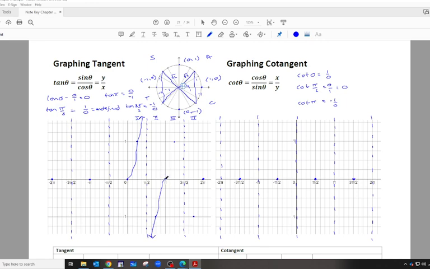In the third quadrant, I'm going to approach my asymptote in a positive direction. In quadrant 4, I'm going to approach my asymptote in a negative direction. And this shape would continue. So if I went clockwise, I'd be approaching in a negative direction. In quadrant 3, right, almost between negative pi by 2 and pi, I'd be in a positive direction.